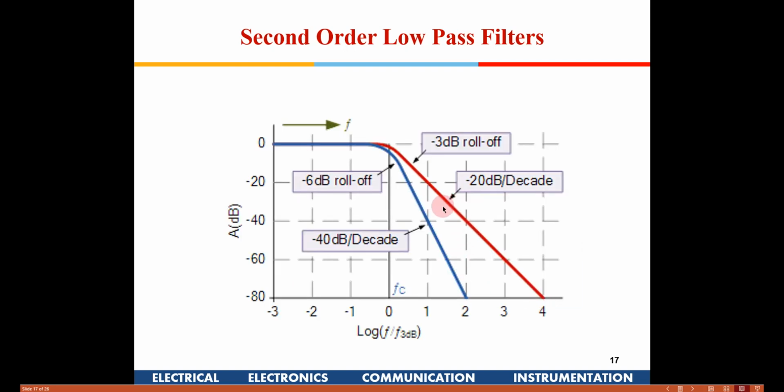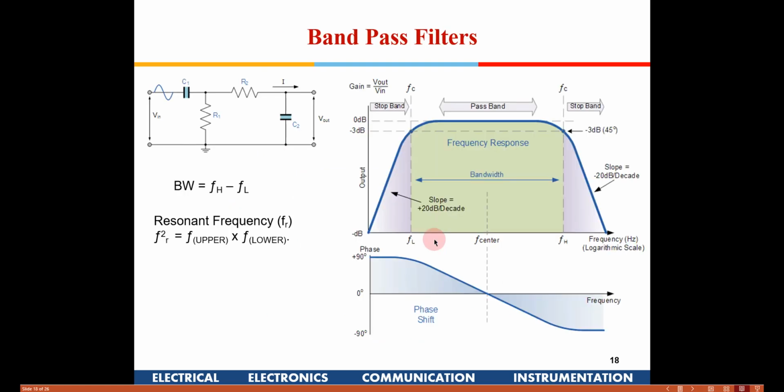A second order low pass filter will fall more rapidly. The first order is 20 dB per decade, and for a second order it will be 40 dB per decade. The second order will give much better attenuation and selectivity.